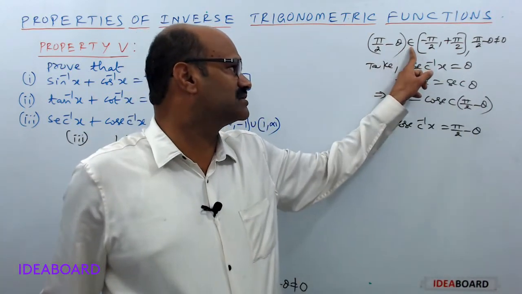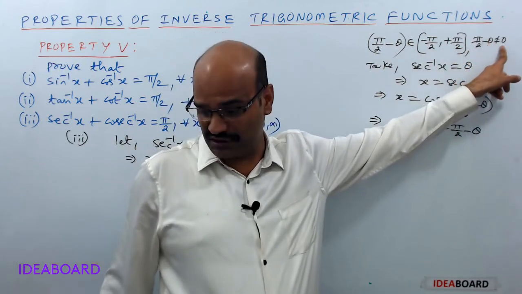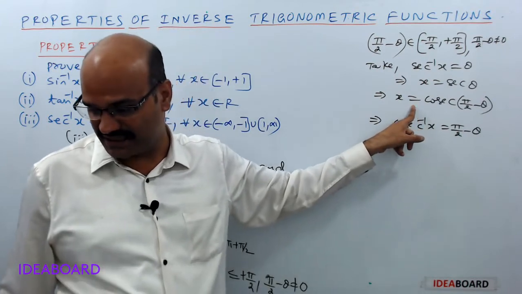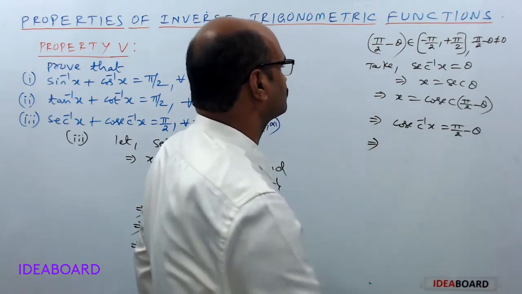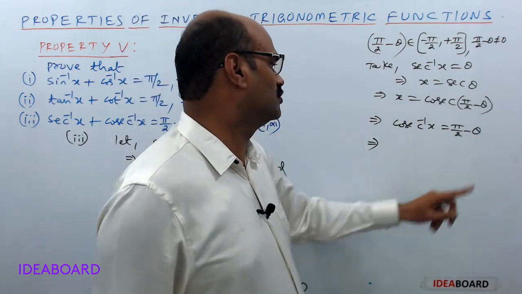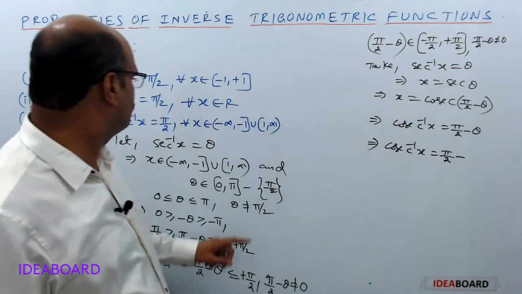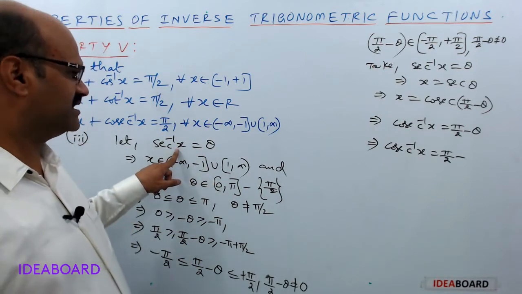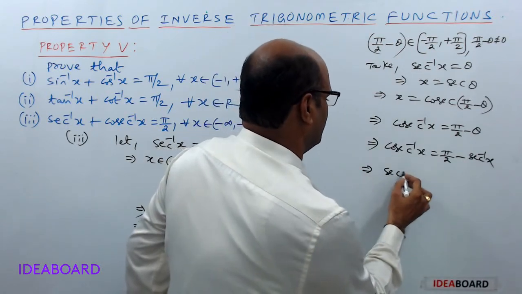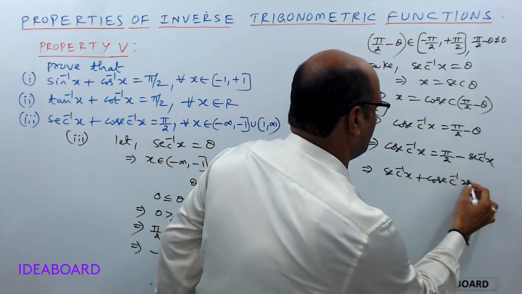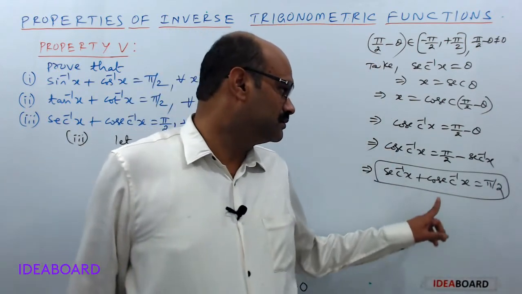Since pi by 2 minus theta belongs to the closed interval minus pi by 2 to plus pi by 2, where pi by 2 minus theta is not equal to 0, the inverse of this function exists. So pi by 2 minus theta equal to cosecant inverse x, and theta equal to secant inverse x. It implies secant inverse x plus cosecant inverse x equal to pi by 2. Hence proved.